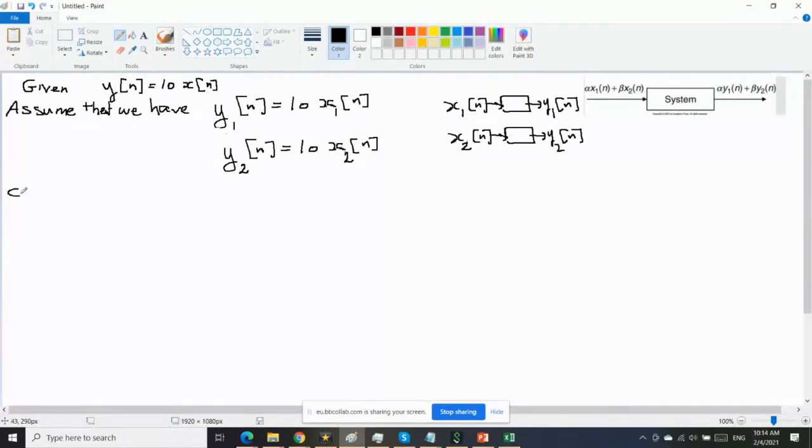And we should check, assume that we have y equal to some alpha times x1 plus beta x2. So x is a linear combination of x1, x2.